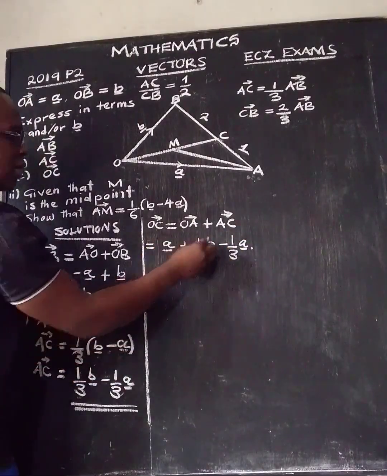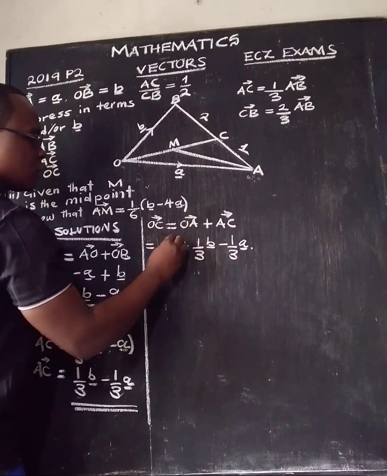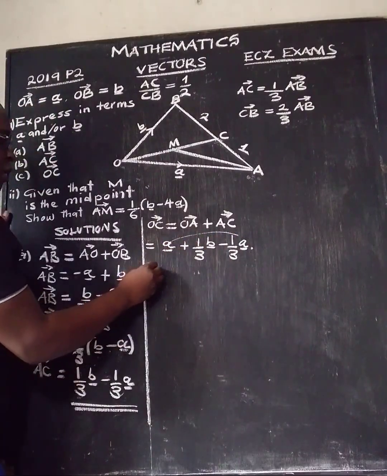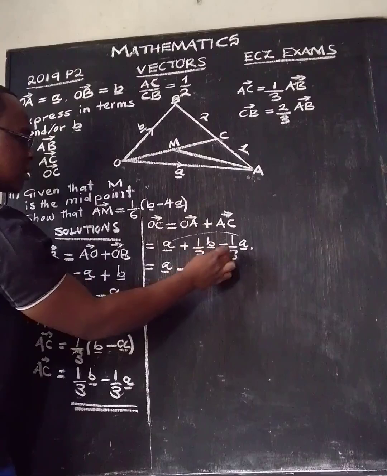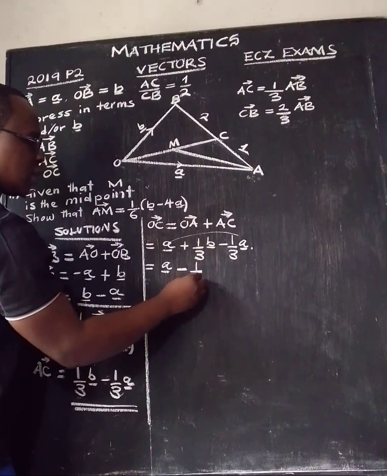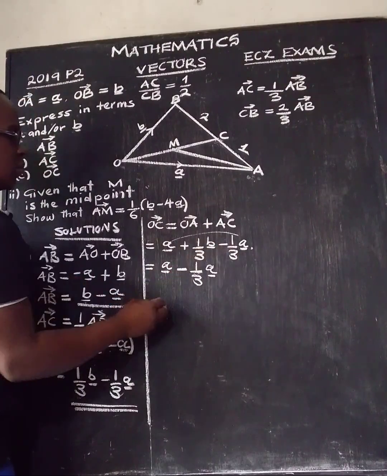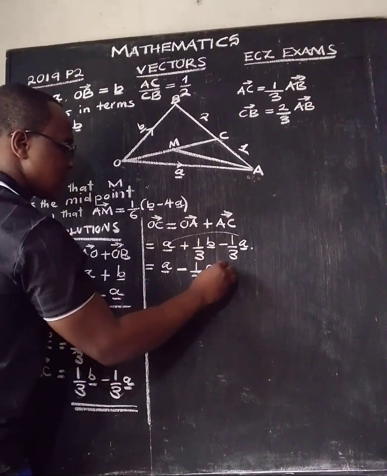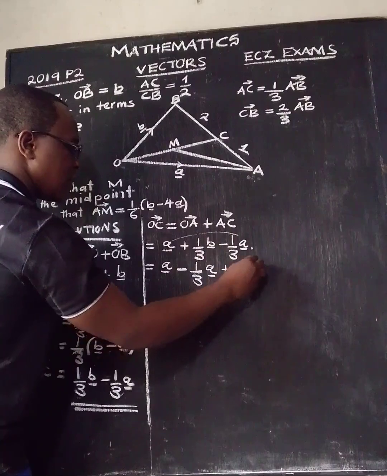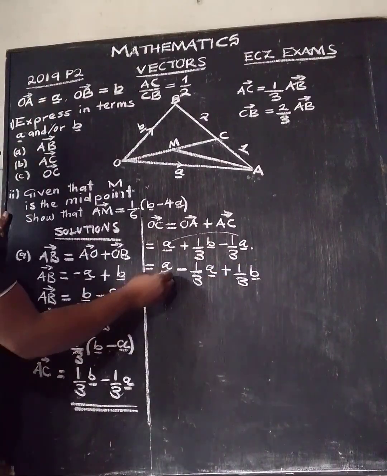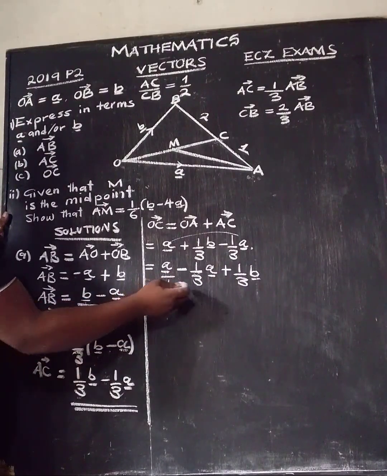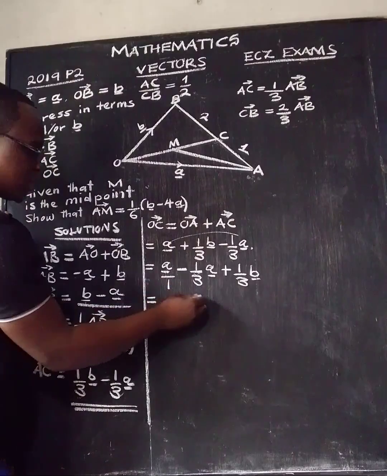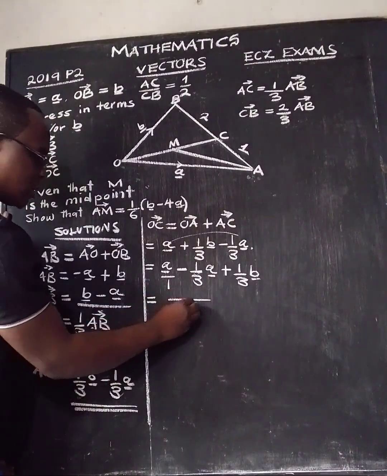Okay, so these are like terms. You have A, you have A, so you can group these. So we have vector A minus 1 over 3 vector A, plus 1 over 3 vector B. So you can say vector A is over 1, and here you can find the lowest common denominator of 1 and 3. It's 3.